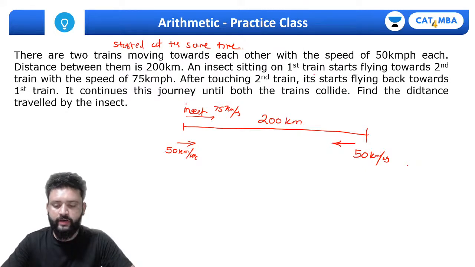It's an interesting question. You can solve it. It's not tough at all and not even lengthy. It's a short question.